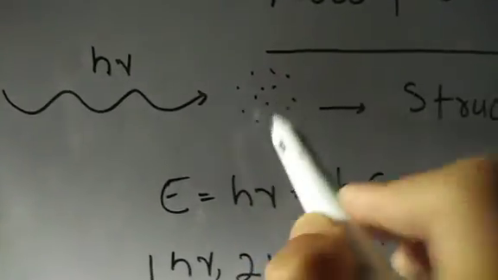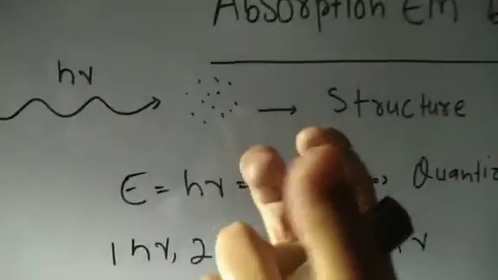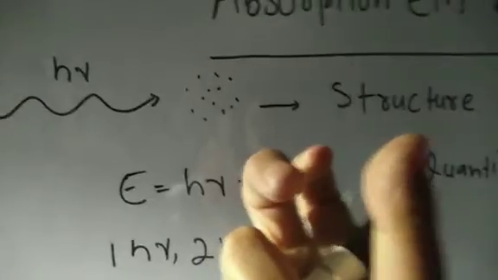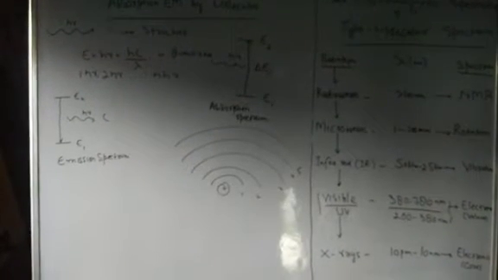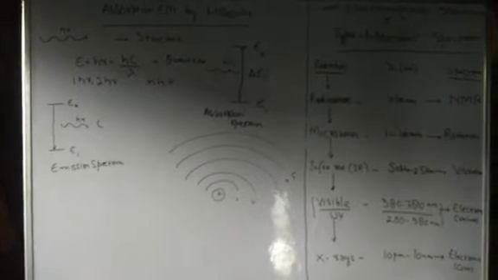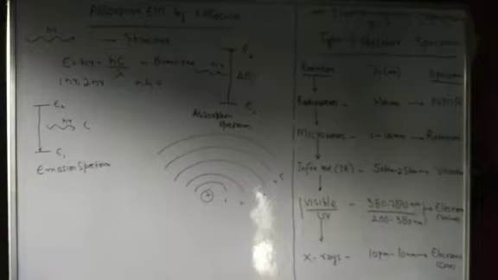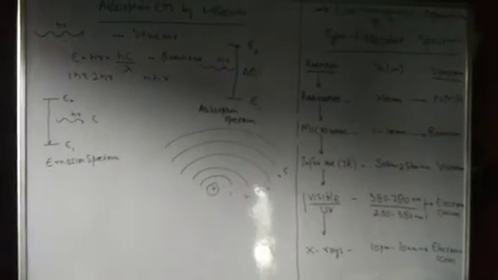If we use radio waves, there will be a change in the nuclear energy levels, and accordingly we get the structure of the molecule based upon that change. Fine. So this is the absorption of electromagnetic radiation by molecules and the types of electronic transitions.